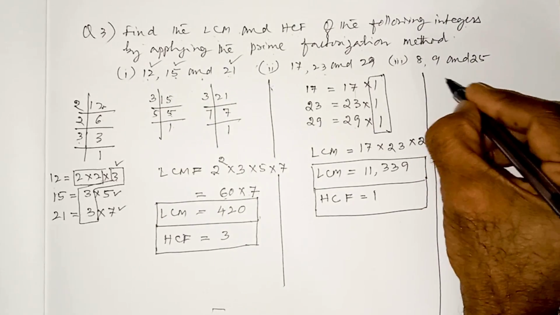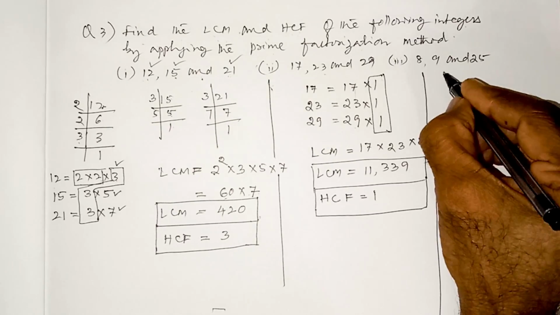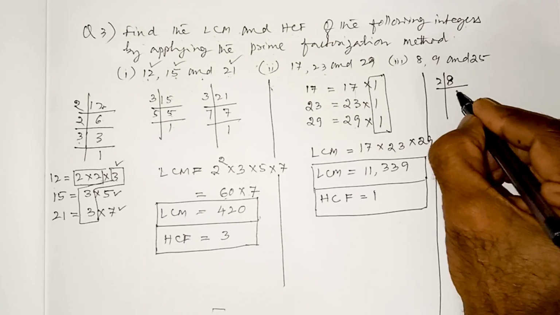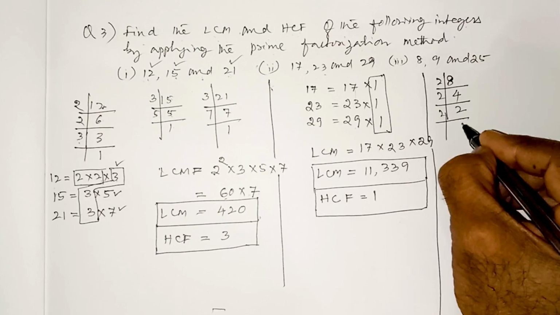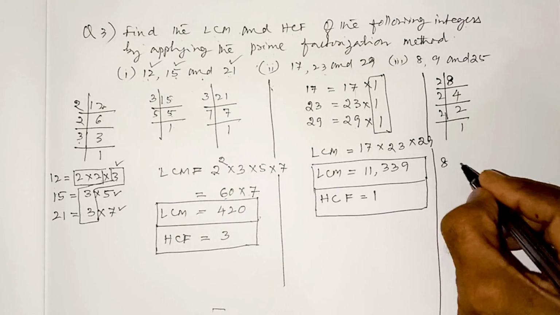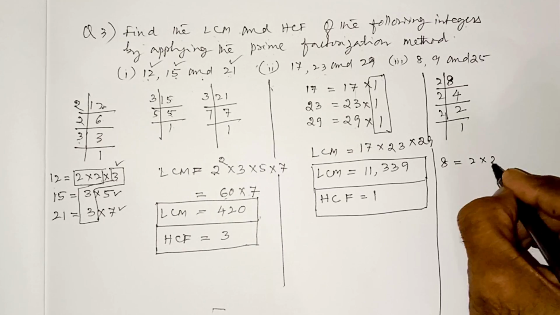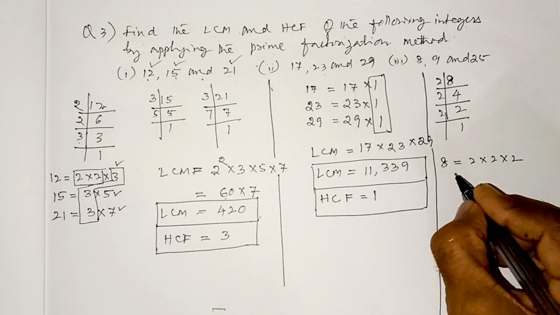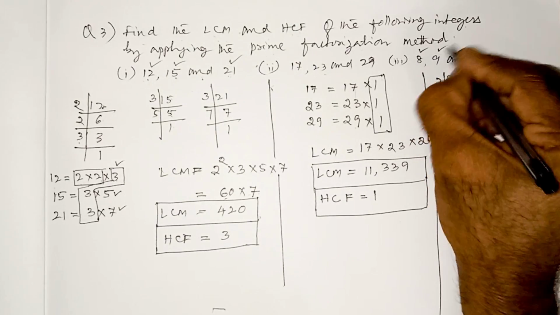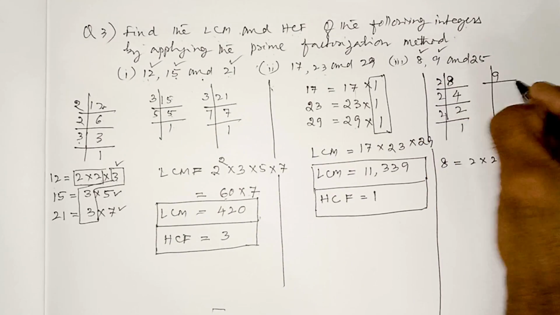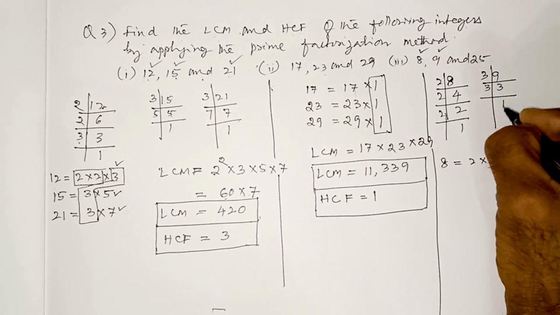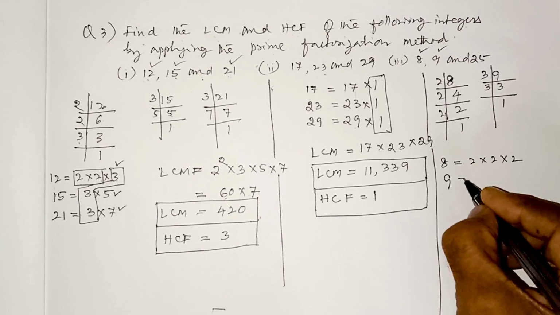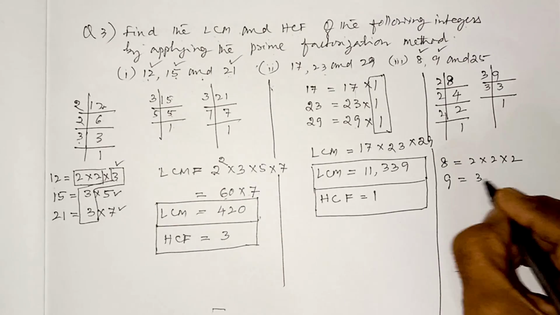Let us find out the factors of 8. 2 into 4, 2 into 2 and 2 into 1. Therefore, 8 is equal to 2 into 2 into 2. And for 9, 3 into 3, again 3 into 1. So factors of 9 are 3 into 3.